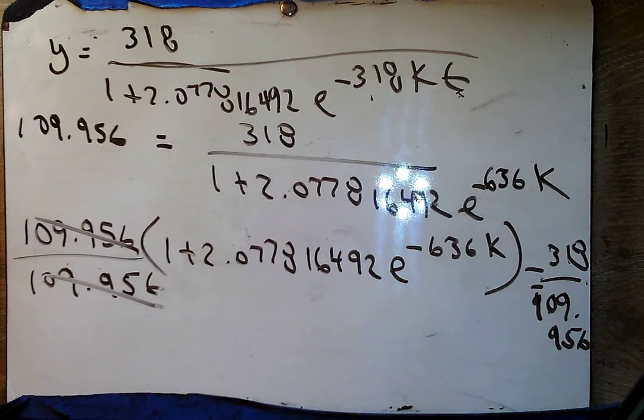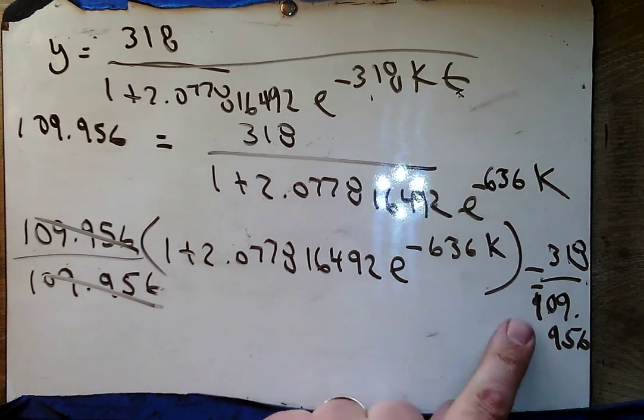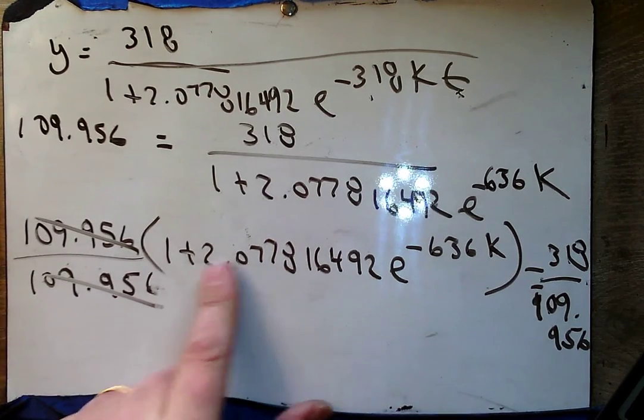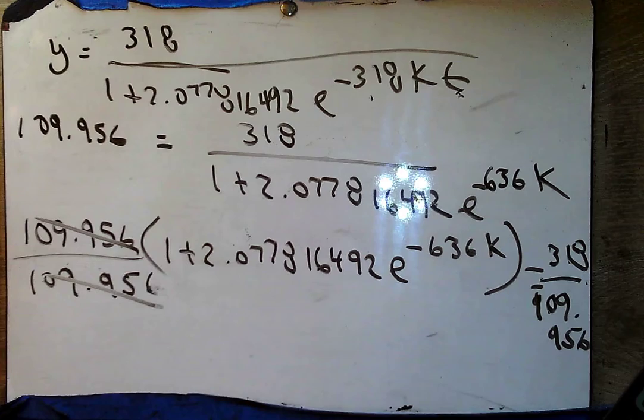Okay, so 318 divided by this number, 109.956, and I get 2.892. I need to subtract 1 from that. Now I need to divide by my b value, so I'm going to divide by 2.077816492.